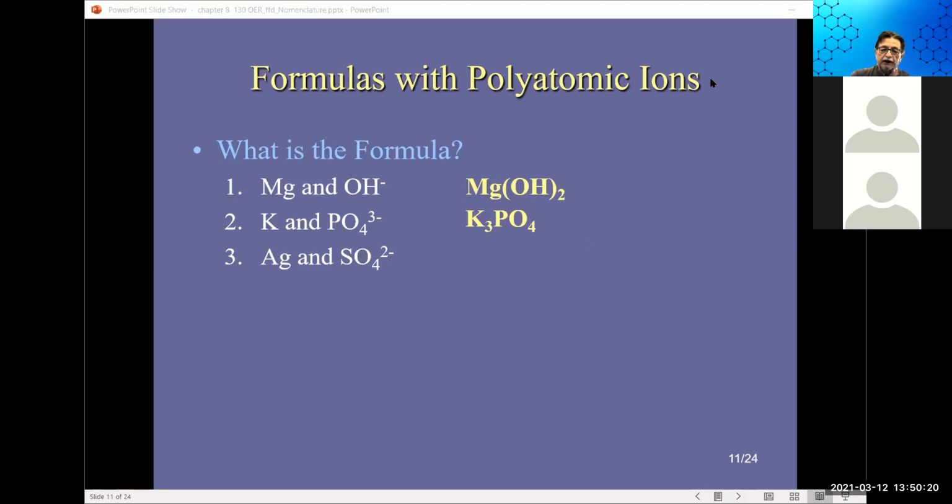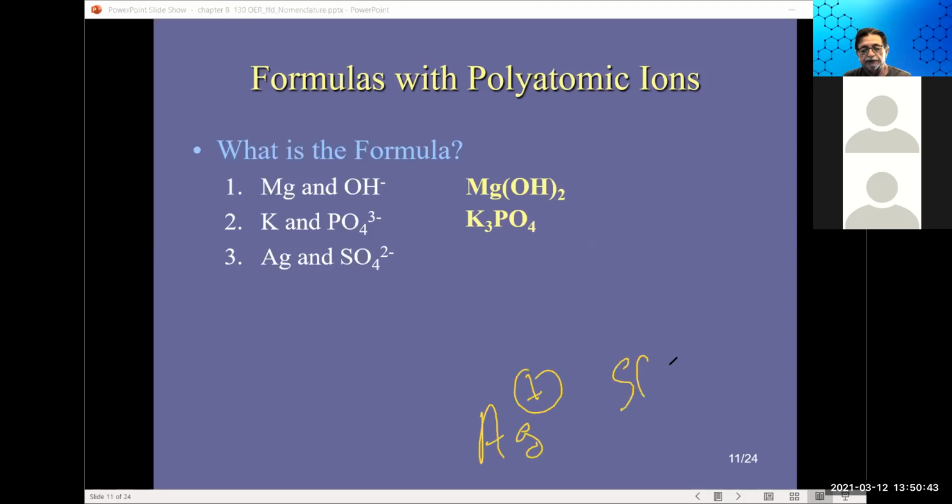Next one. Same analysis. We have an SO4 -2. That should send you to the polyatomic ion table to get a name, but here we just need to write a formula. And we know that silver always has a +1.